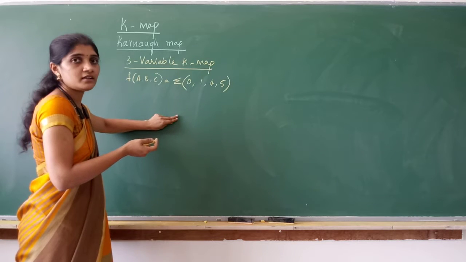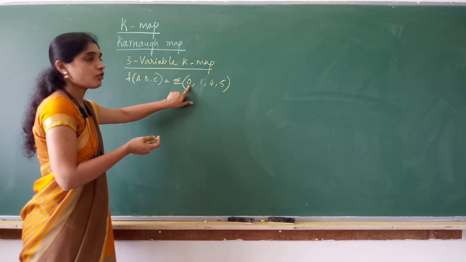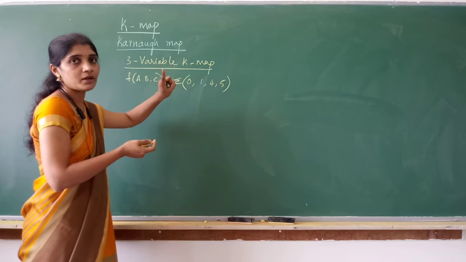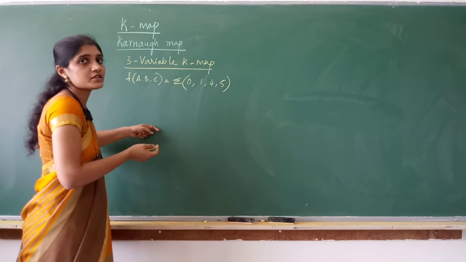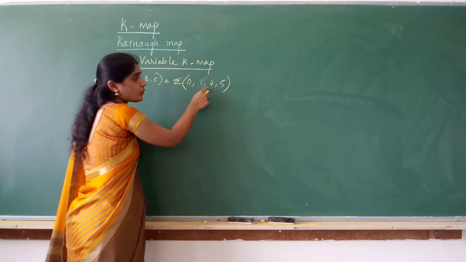Now before I write the K-map, first let us understand what this is. I have already explained, but let me explain in detail for one problem. For the remaining problems, we can directly use the K-map and simplify. Now for this, the min terms are 0, 1, 4, 5.